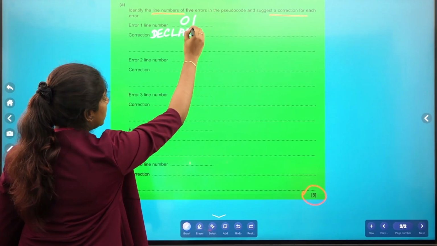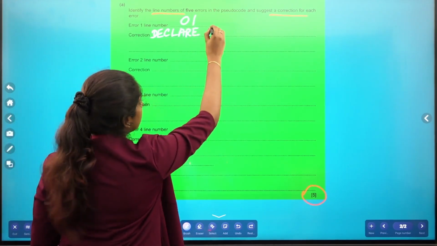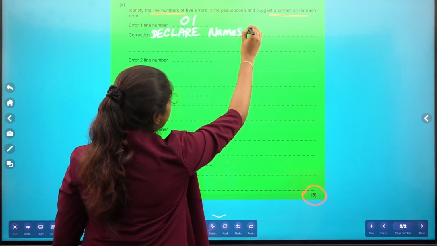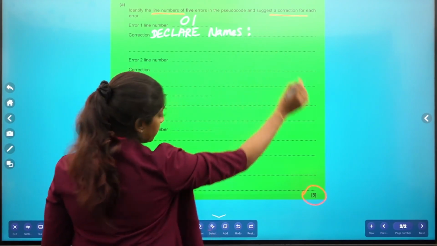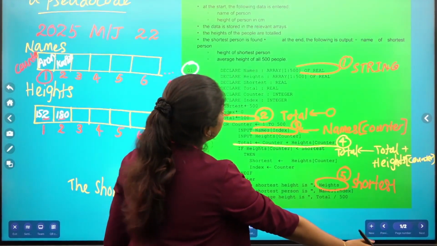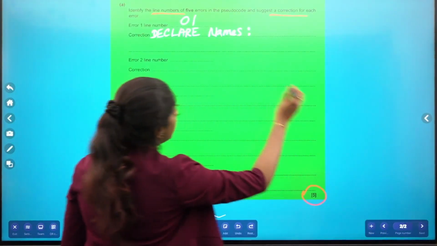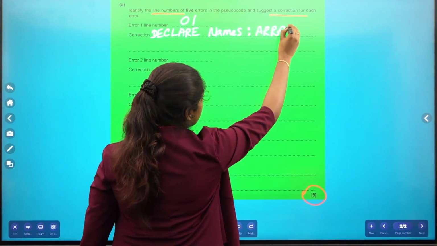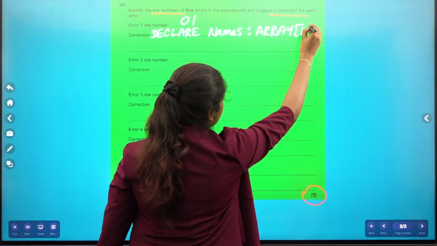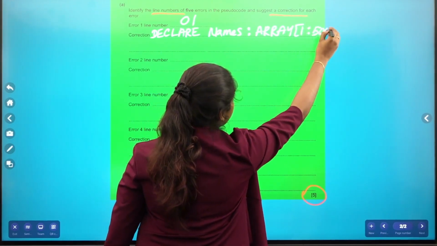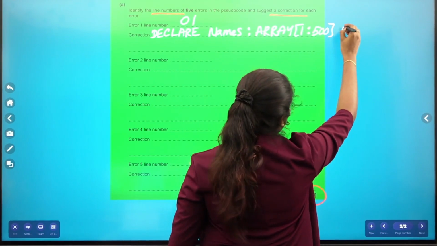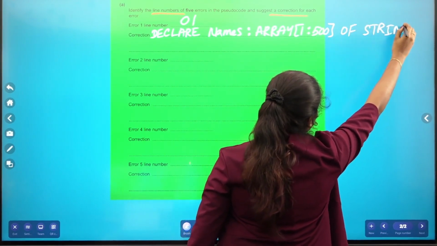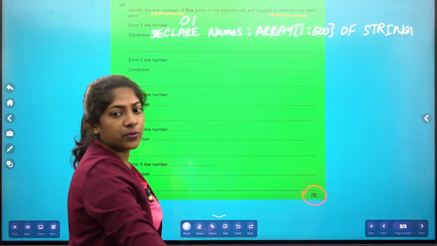Keywords we write in capitals, then the array name: DECLARE names ARRAY 1 to 500 OF STRING. This is the correct answer for that one.